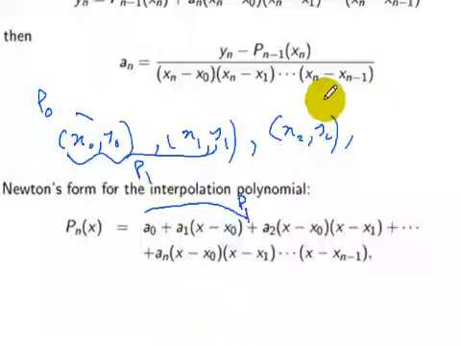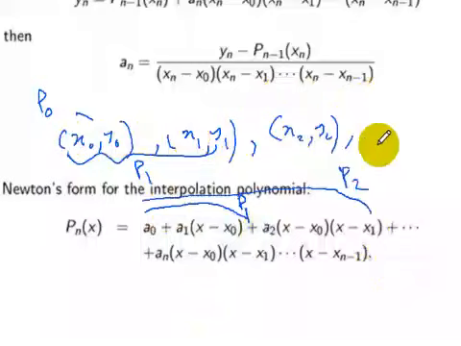If I add another point into my data set, then I can interpolate these three points like this. This is my p2, using the previous polynomial.